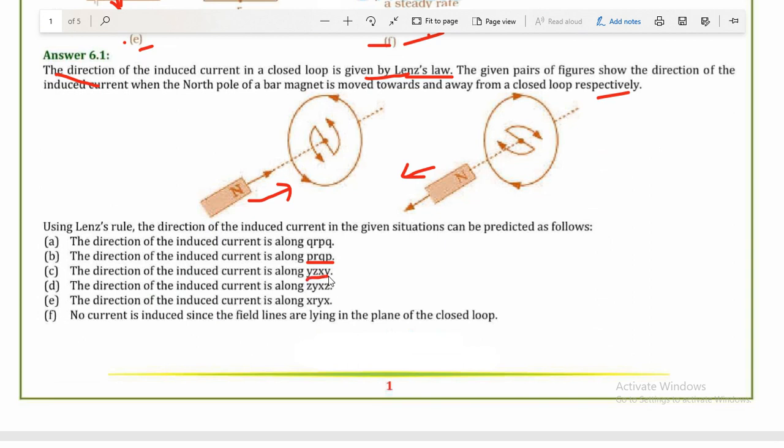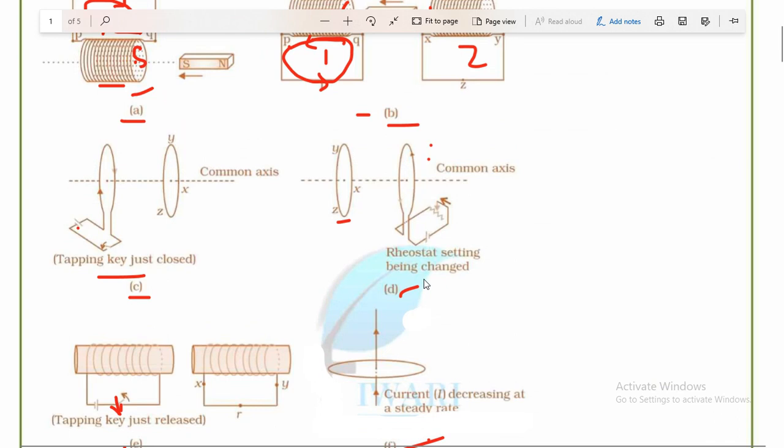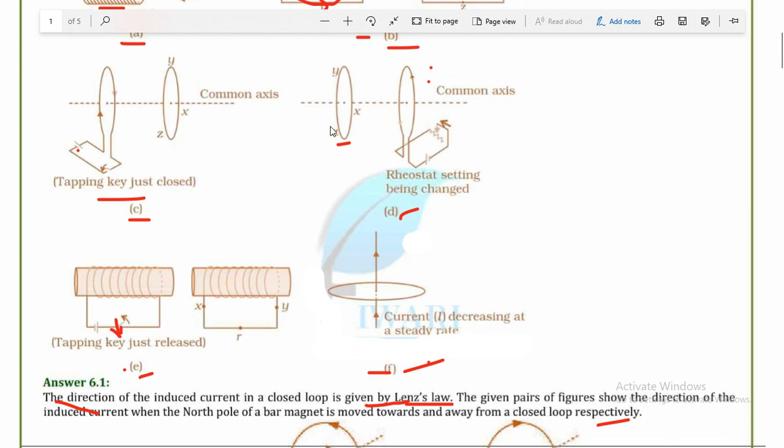Okay, now in figure D, the direction of induced current is along ZYXZ. So you can see here in D, this is like this one. Okay, to oppose the cause, sorry, to oppose the cause by which this current is produced.